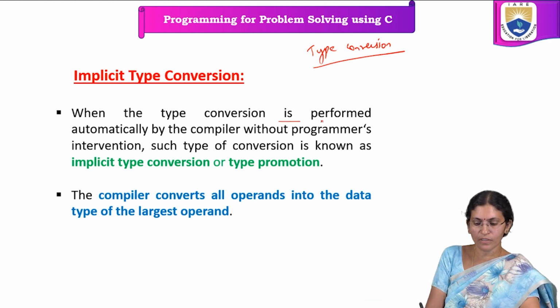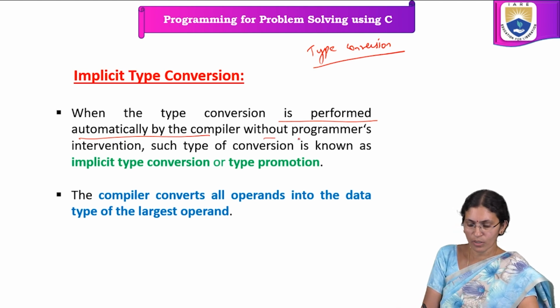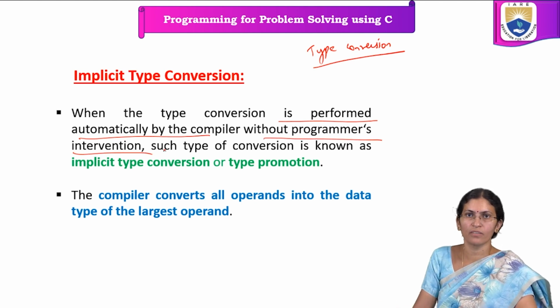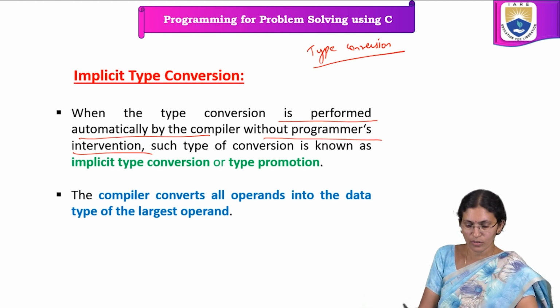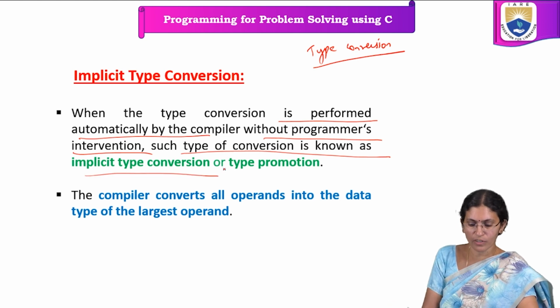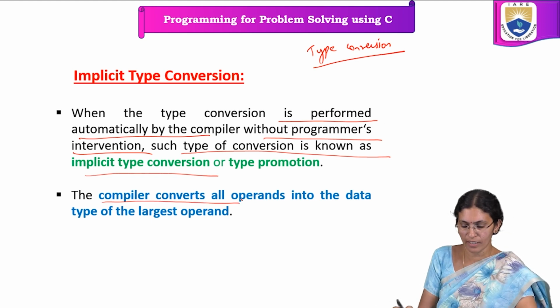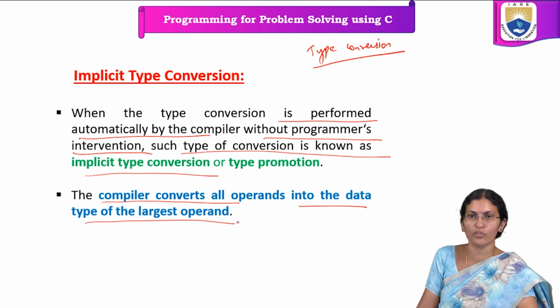When the type conversion is performed automatically by the compiler without the programmer's intervention, it is known as implicit type conversion or type promotion. Here the compiler converts all the operands into the data type of the largest operand.